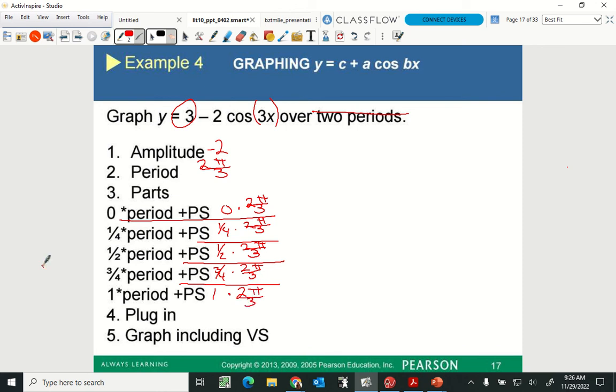I'm hoping you can do this math on your own. You should be able to do the multiplication of the fractions. But let's say you're terrible at fractions. Here's what you do.